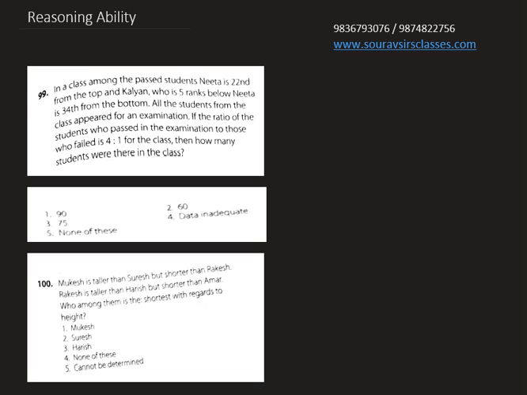Now let's start with the first question. In this question we are given that in a class, among the students Anita is 22nd from the top, and Kalyan, who is 5 ranks below Anita, is 34th from the bottom.